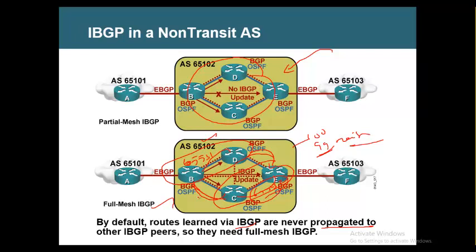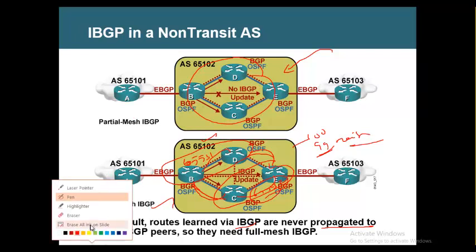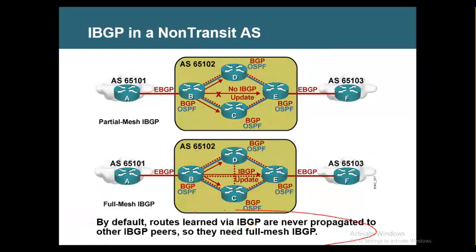There is also one more, along with confederation, we'll be using route reflector. Route reflector is even used now, along with the MPLS solution. Route reflector, meaning by default, because of what is called the BGP split horizon rule, a route learned from IBGP is not given to another IBGP.